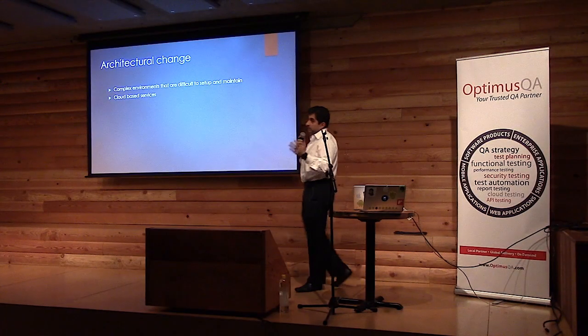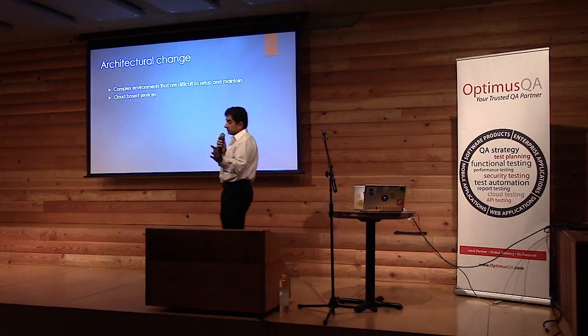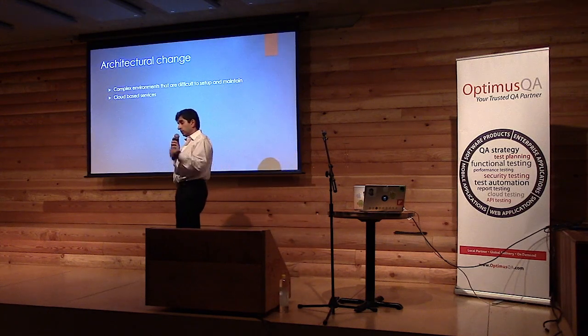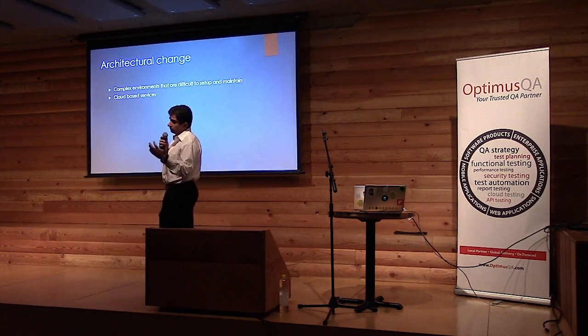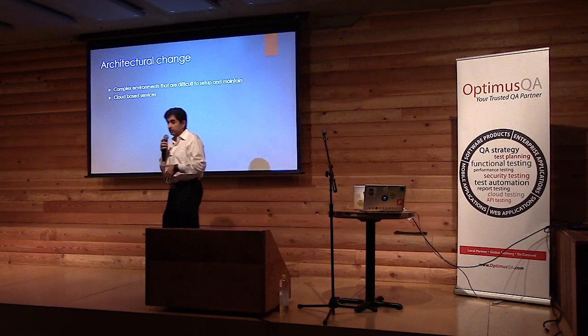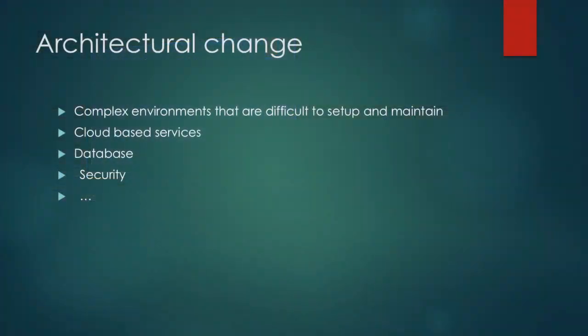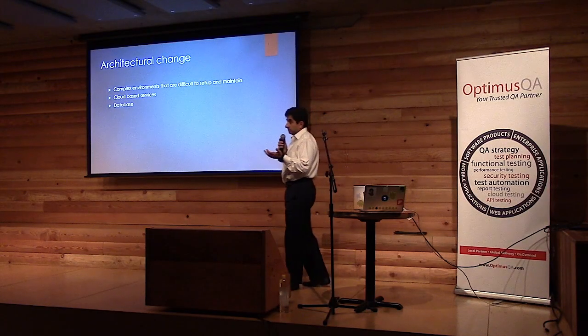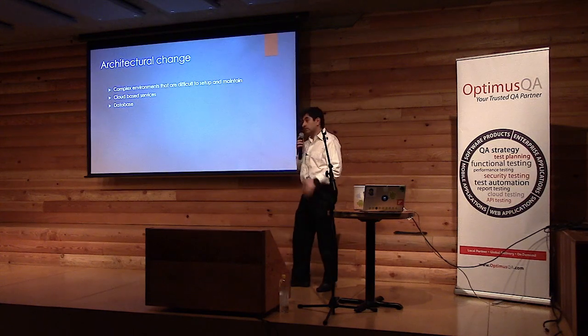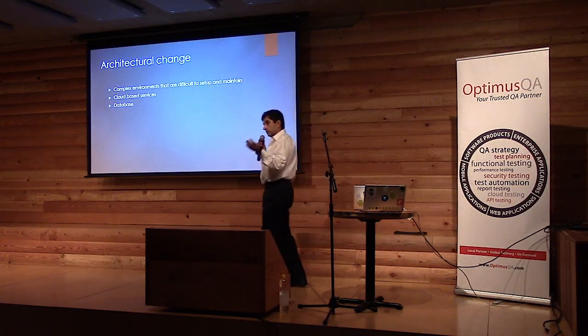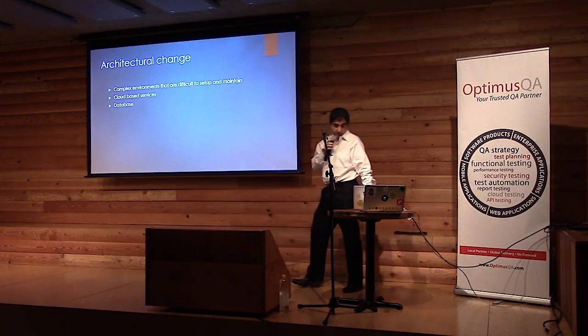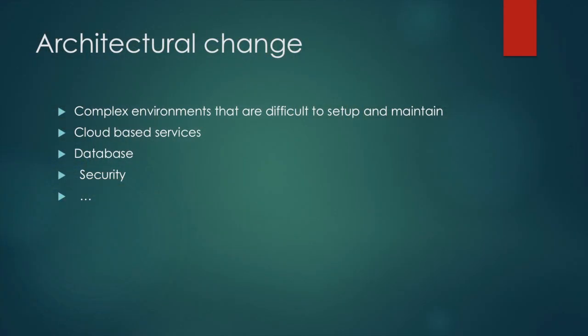The services are being distributed. There are companies that run some stuff on the cloud, some of them locally, or all of them in the cloud. So how do you test some of these services on the cloud, considering the other challenges that I will list? Then databases, again, the databases are local or on the cloud, just different components that sometimes require testing.